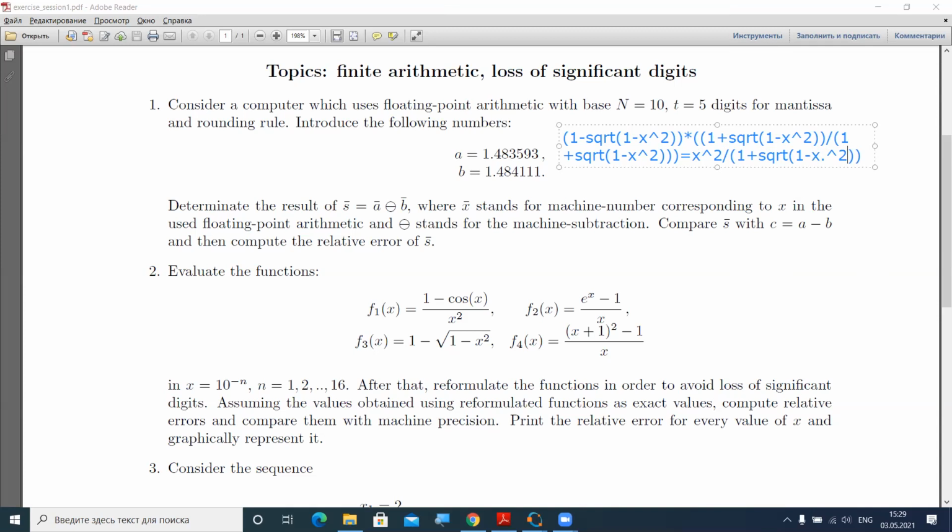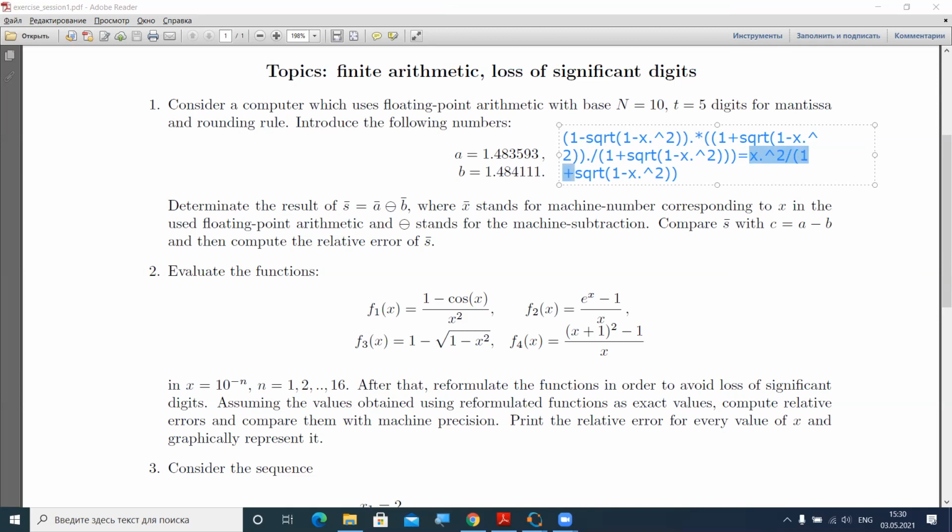Let me put also a dot here, everywhere we have dots. So, is it clear? How to get this function?